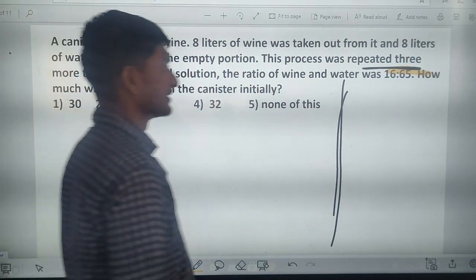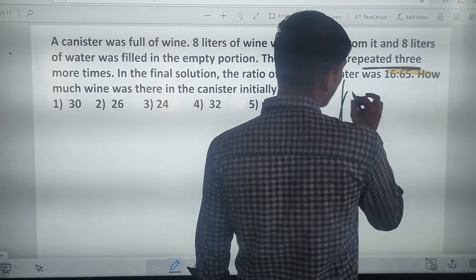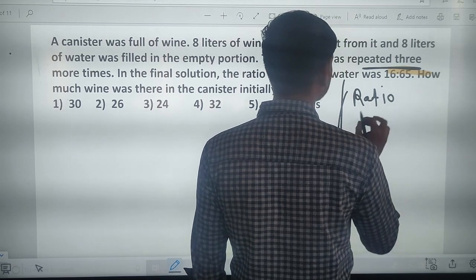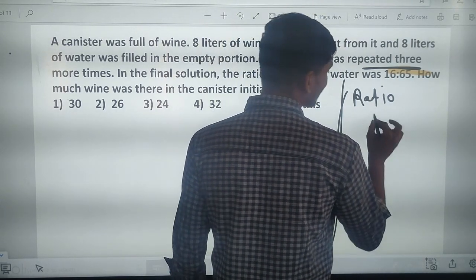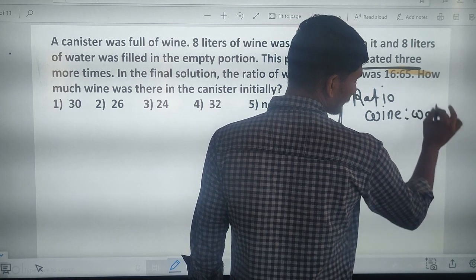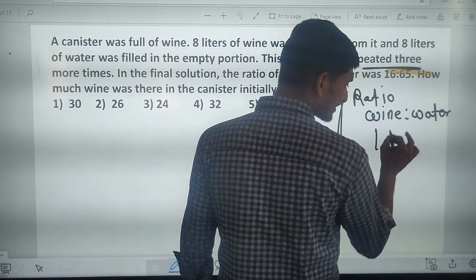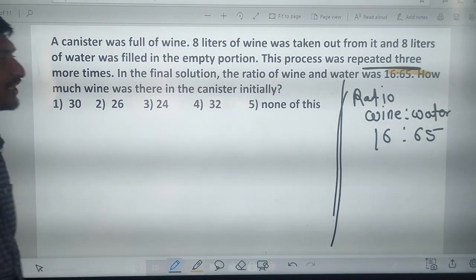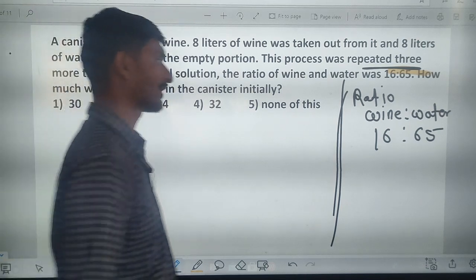Okay, finally the ratio of wine as to water is 16 as to 65.